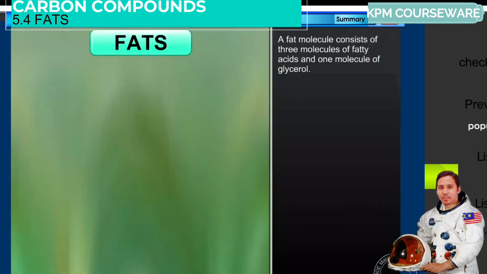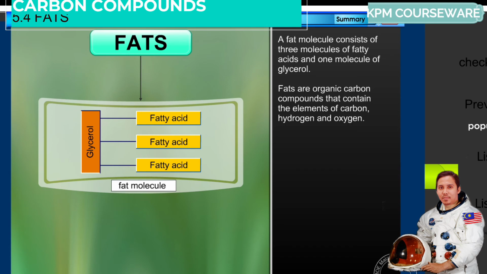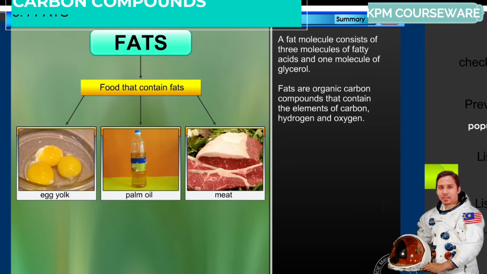Get into groups. A fat molecule consists of 3 molecules of fatty acids and 1 molecule of glycerol. Fats are organic carbon compounds that contain the elements of carbon, hydrogen, and oxygen. Fats are present in many types of foods.